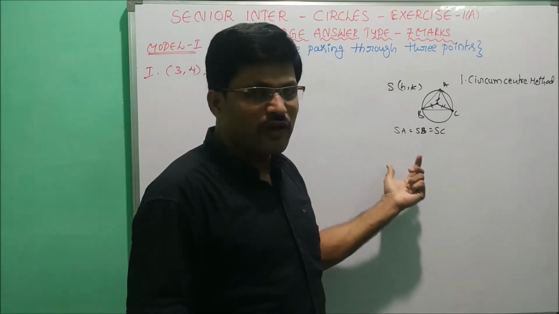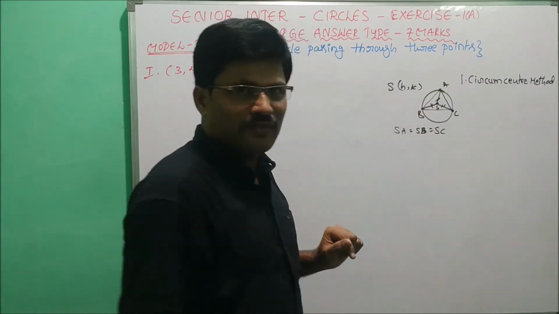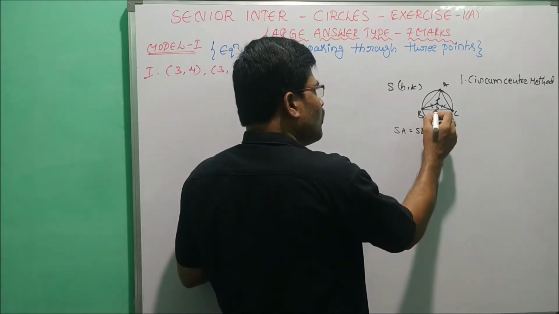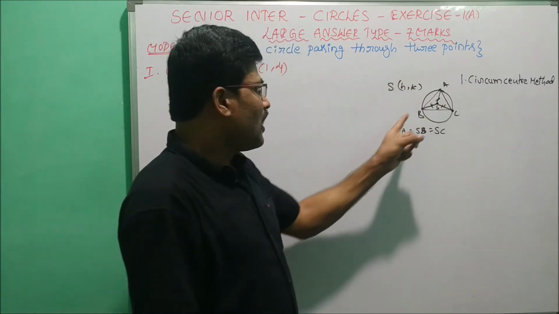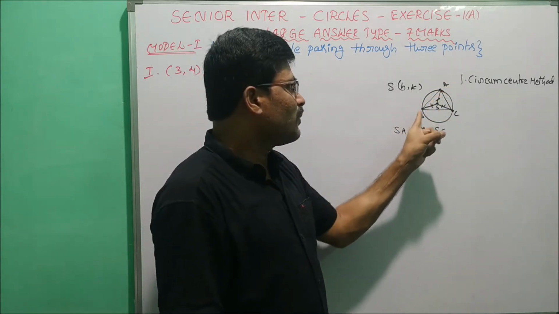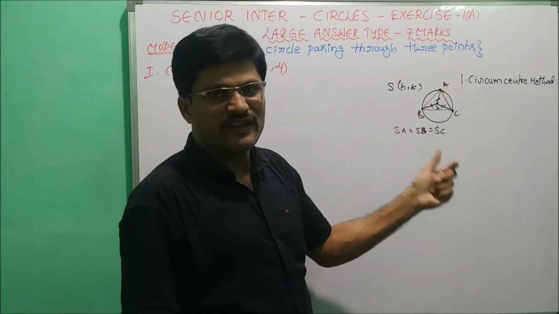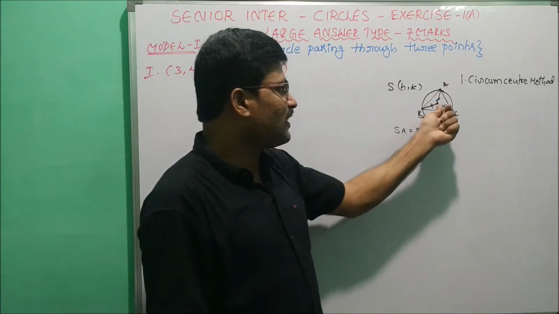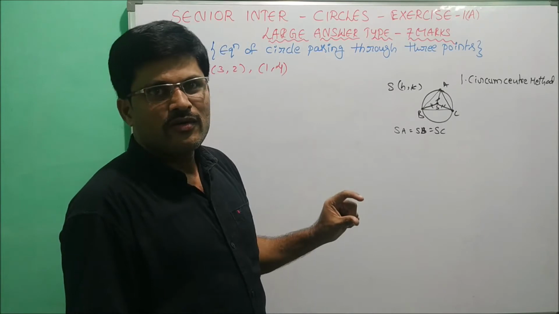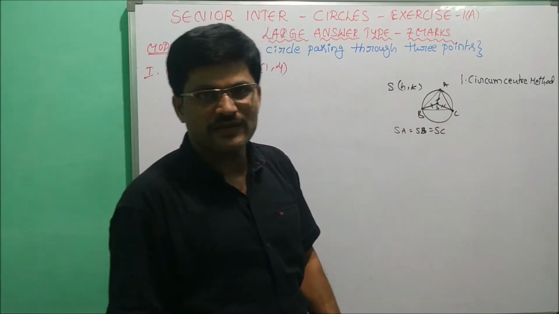Solving the two equations, we get the circumcenter. Then, taking any one of SA, SB or SC, we find the distance, which is the radius. Using the center and radius, we find the equation of the circle. This is the procedure of the circumcenter method.